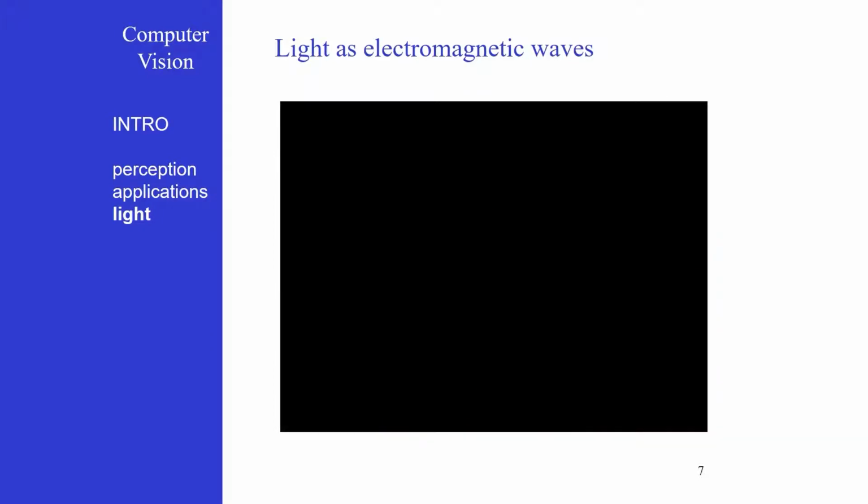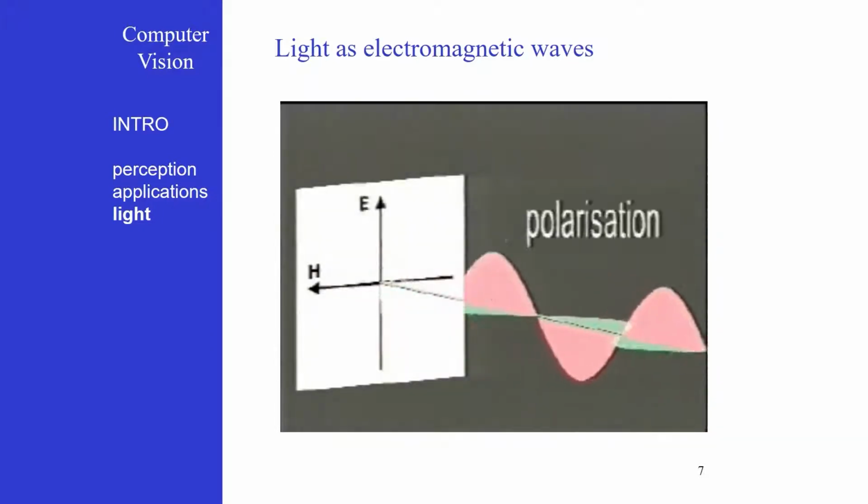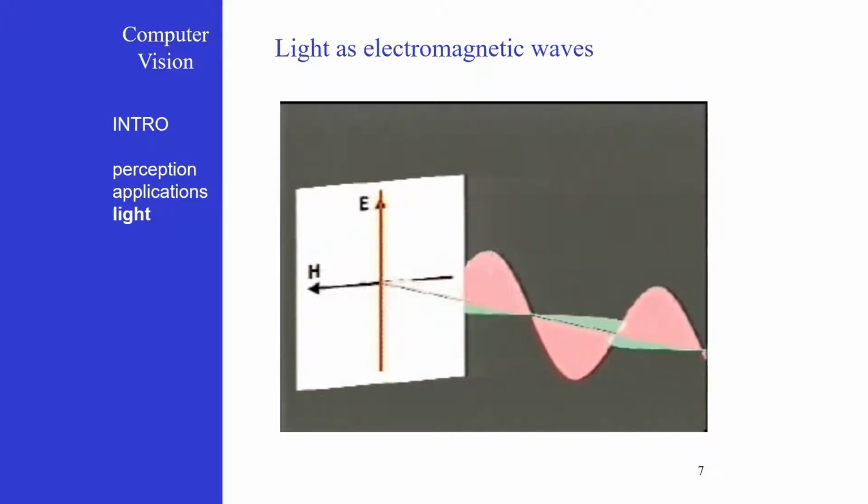Another thing we are blind to is the direction of polarization. And that is the orientation of that electric field vector. It could have different orientations. This is now drawn vertically. In this case, we have a vertical electric field vector. So we have this vertically polarized light.